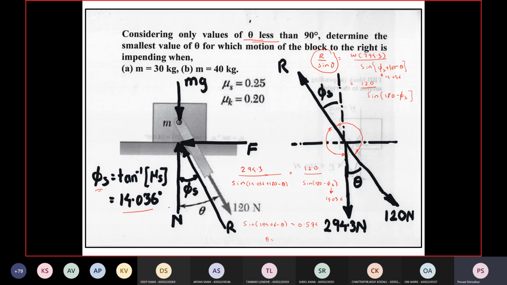If you remember, sine theta is equal to sine of 180 minus theta. So use that obtuse angle.